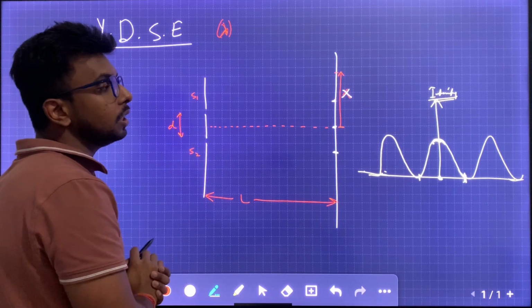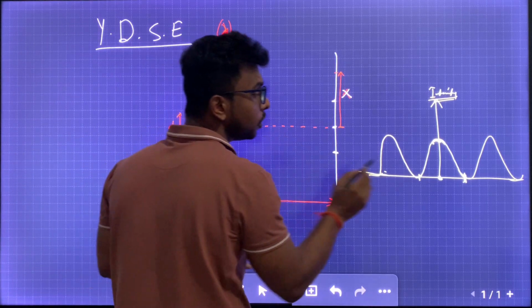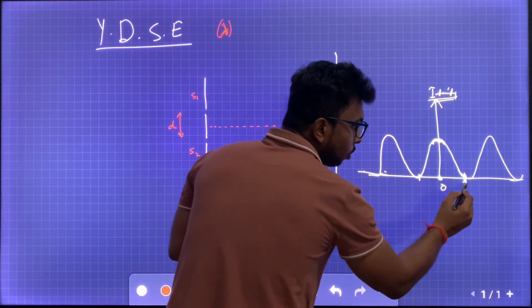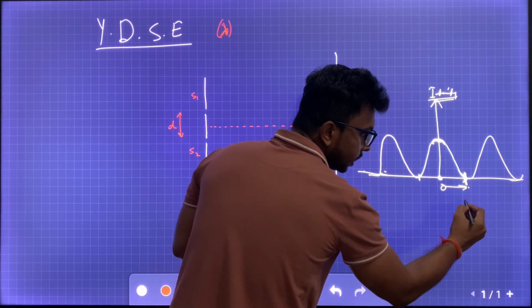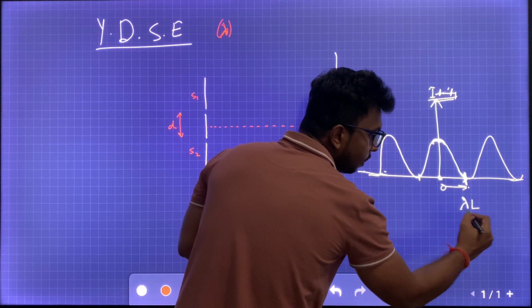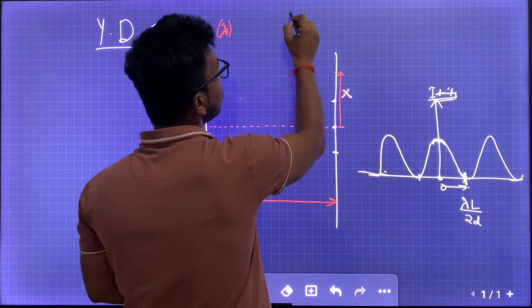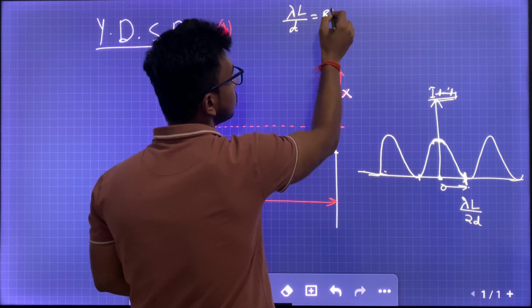Now at what location are the brightness and the darkness? For that, this is 0. The first location here, I will treat as this location. It is given by lambda L by 2D. Here I am defining the term lambda L by D as beta, some constant.